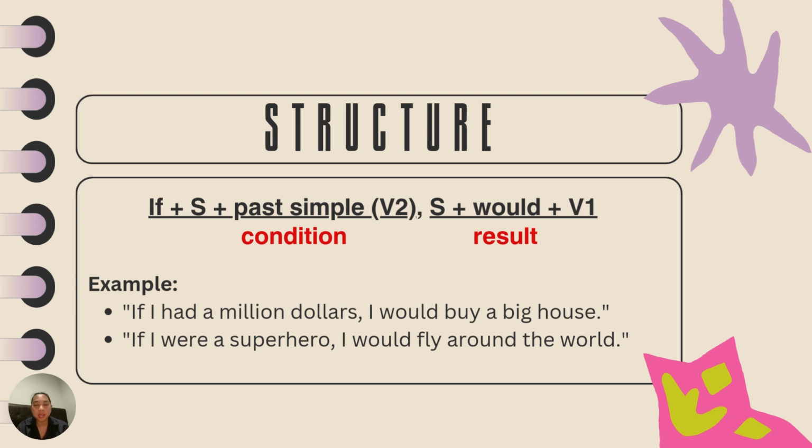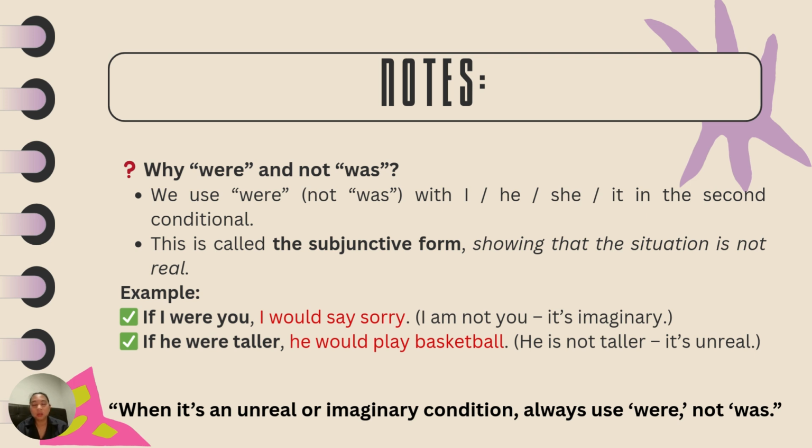Okay, guys, for second conditionals, it's very different from the normal past tense. As you know, in the normal past tense for subject I, she, he, it, you use was, but in second conditionals, you don't use was. Instead, you use were.